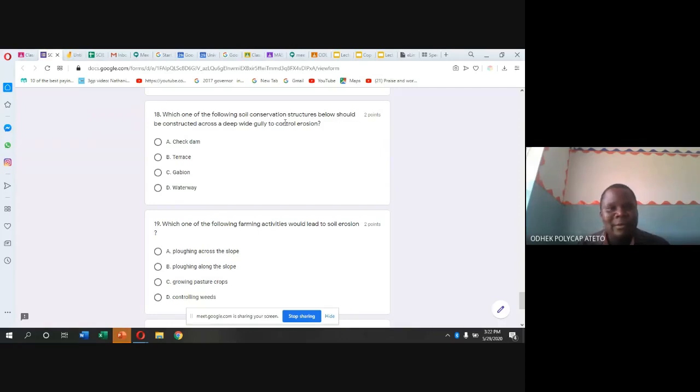Which one of the following soil conservation structures should be constructed across a deep gully to control erosion? Okay, so which one do you think we can take?